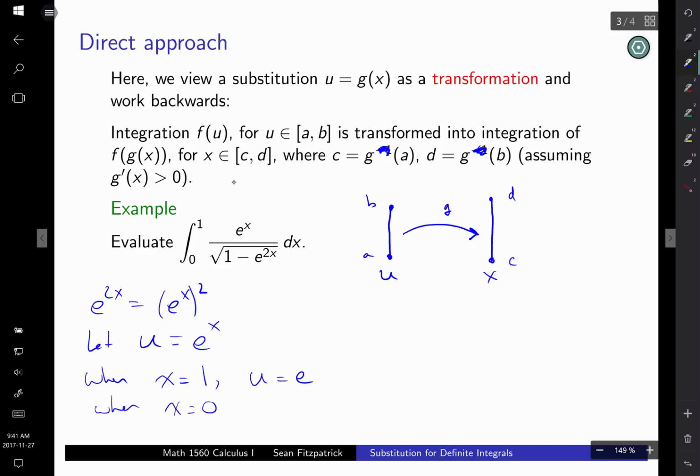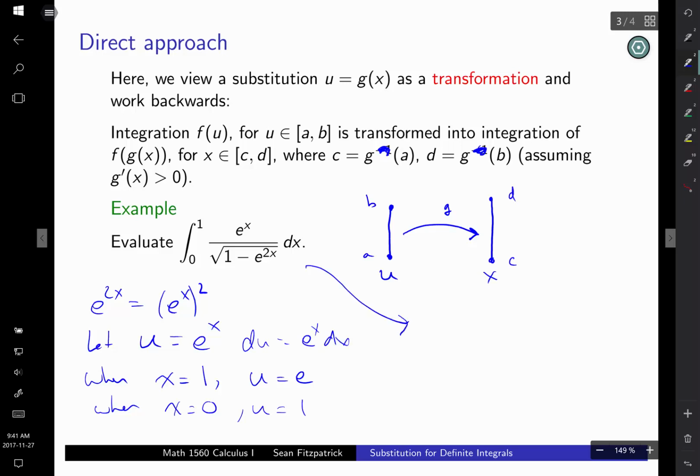When x is equal to 0, u is equal to 1. Okay, and so then what I do is I say, what's du? Du is e to the x times dx.